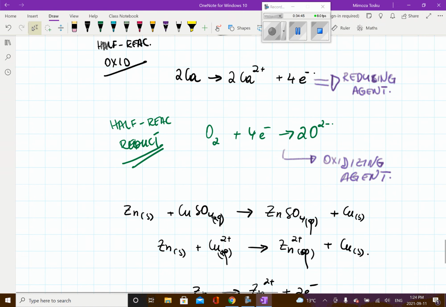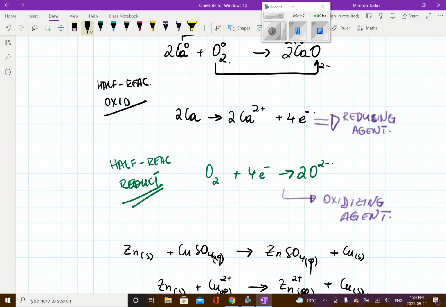And when you are asked to write the half reaction oxidation, then you have to keep in mind that the electrons will be on the product side of it, and the substance is known as the reducing agent because it is giving the opportunity to the reduced element to become reduced.